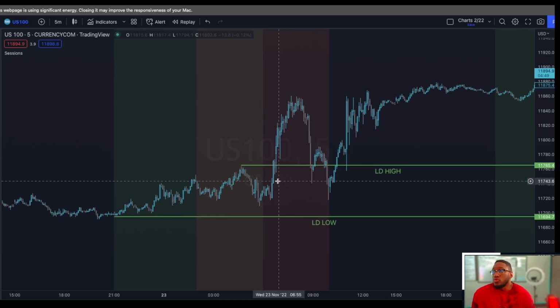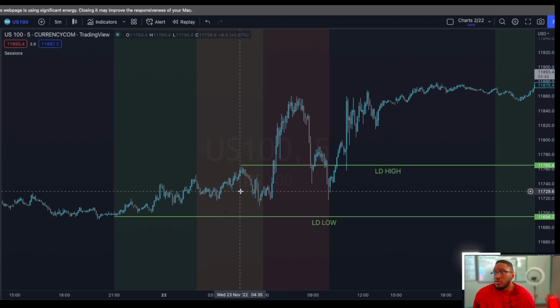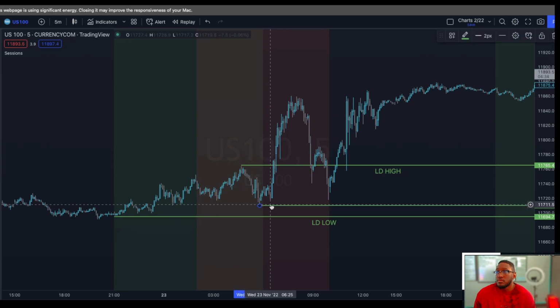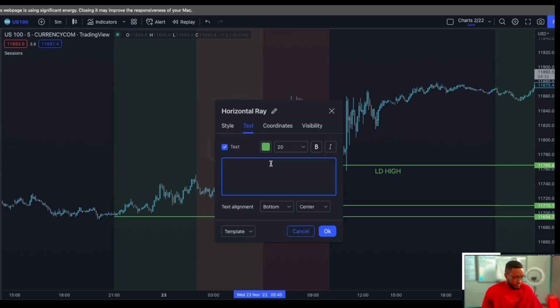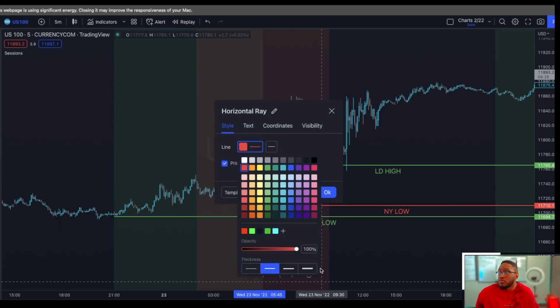Where is New York's low? New York started at 5 o'clock here, so here's the overlap. This is New York's low right there. So we're going to make New York's low here, NY low, and let's change it to red. Same thing with the label.